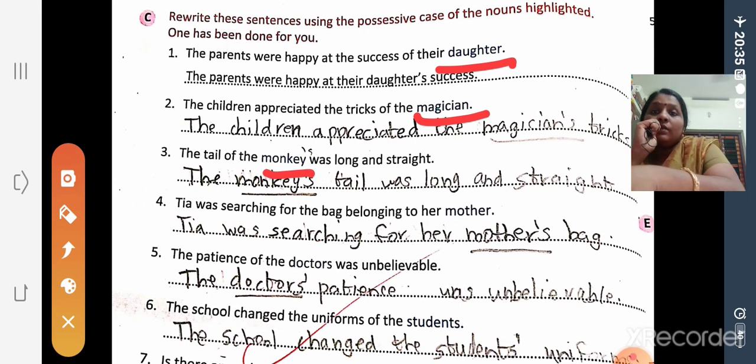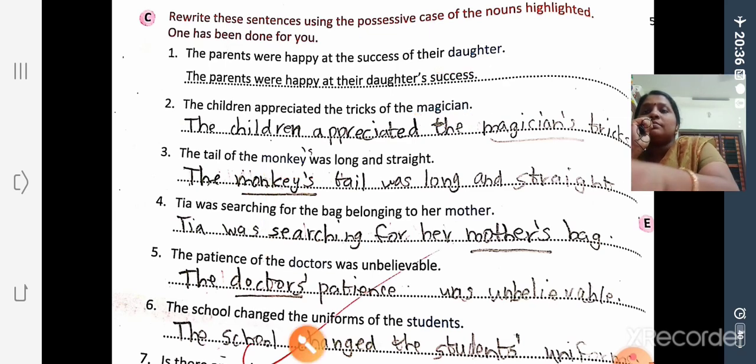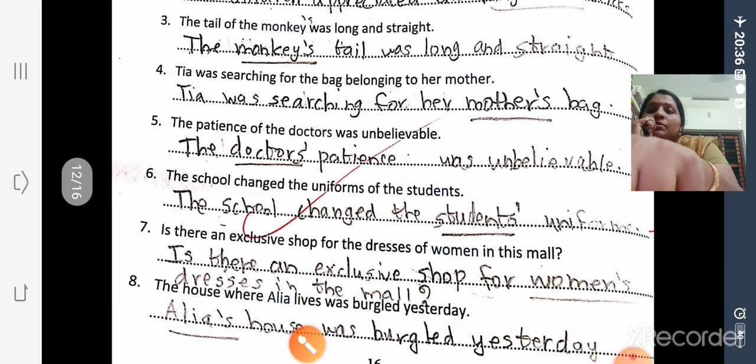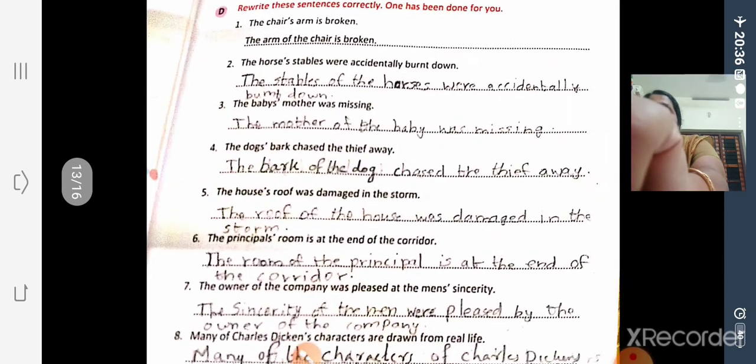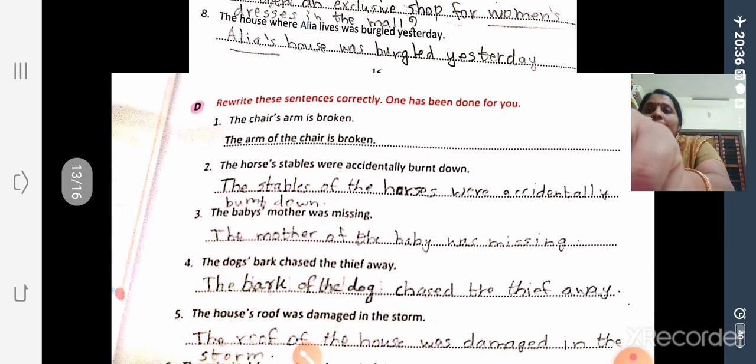The patience of the doctor, the doctor's patience. The school changed the uniform of the students. The school changed the students' uniform. The uniform of the students, students' uniform.